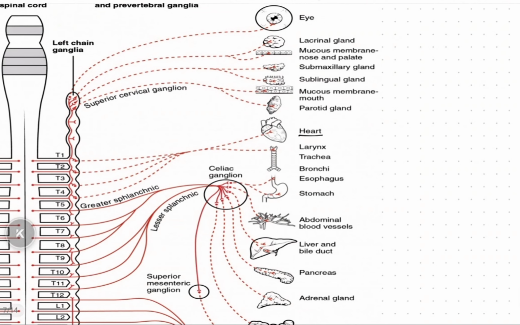So how does this dilation of the pupil occur? If I make an eye here, this is the pupil. We need to dilate this pupil. Let's fill this color with black. The pupil is surrounded by many muscles. Some of the major important muscles are the radial muscles.